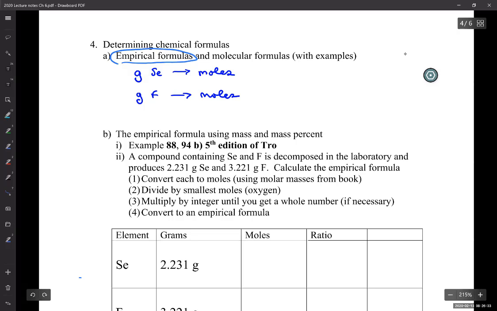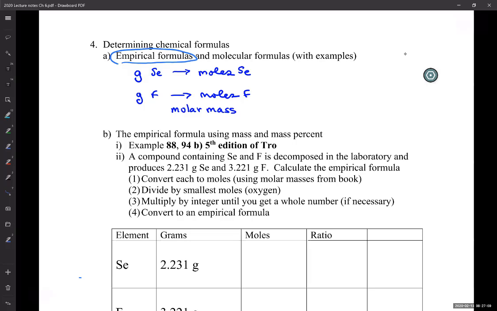The process for that every time is to use the molar mass of that element. Again, reviewing, it's just the mass off the periodic table. That's how much it weighs in atomic mass units, but that's also how many grams 1 mole weighs. That's one of the things we talked about. So we'll use the molar mass to calculate moles of selenium and then moles of fluorine.